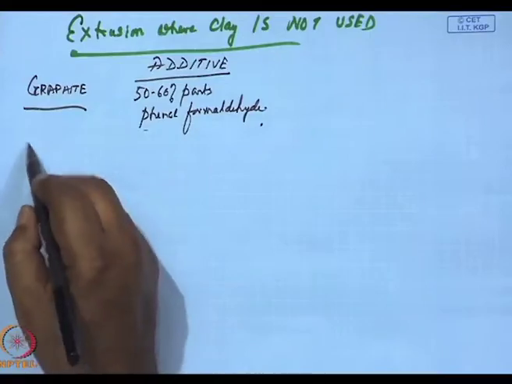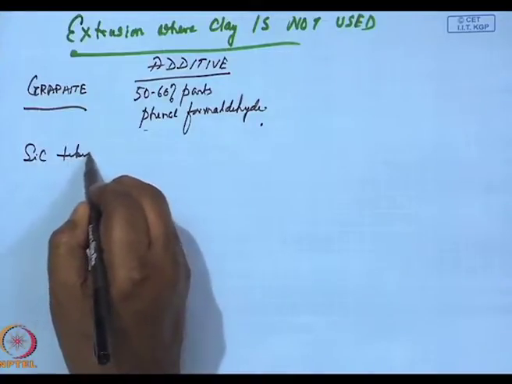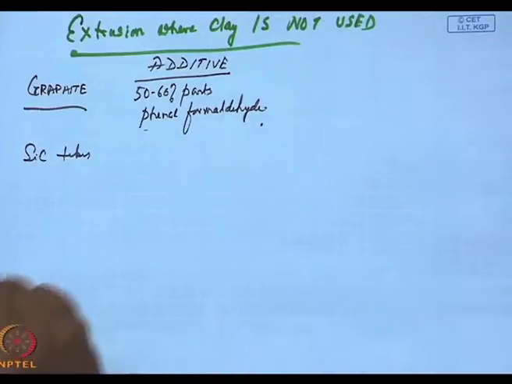Let's see if I am going to have silicon carbide. I want to make silicon carbide tubes. What would I do?